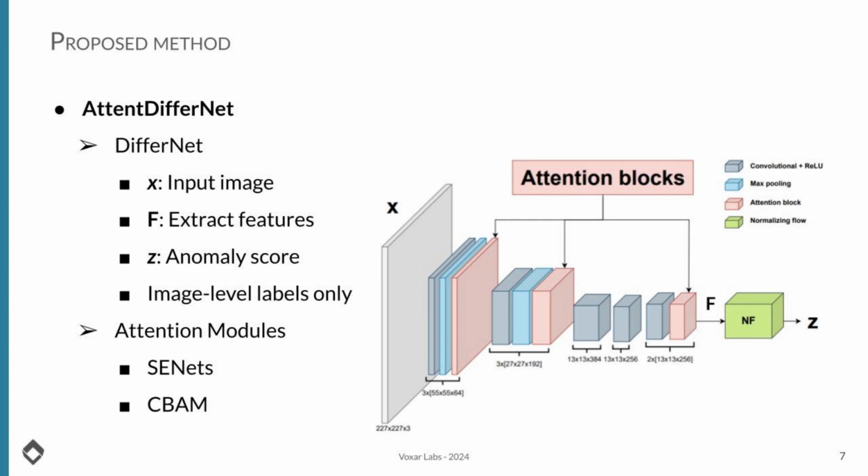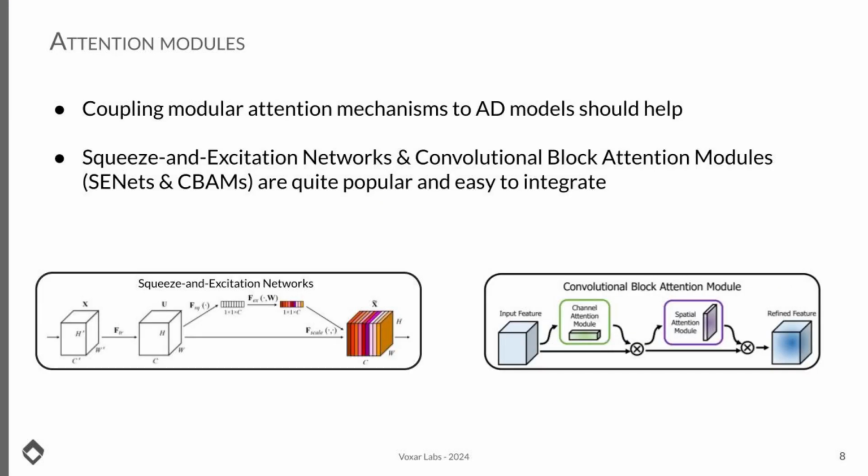This is a very important thing to do, because in this part the network will extract the most important features in the image. So, as we previously said, coupling modular attention mechanisms to anomaly detection modules should help the model to focus on what is important.